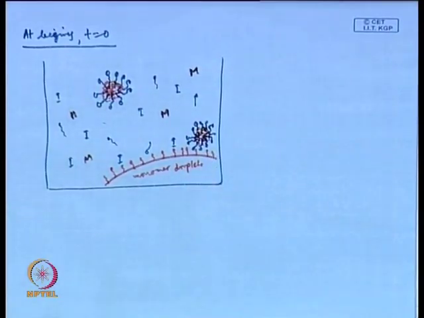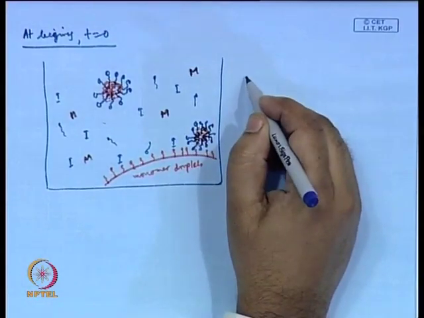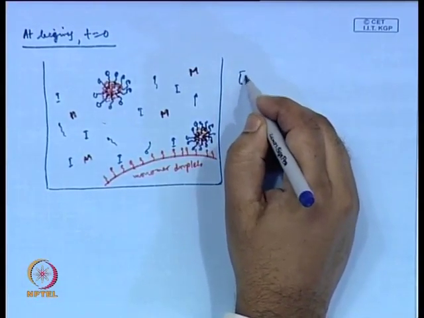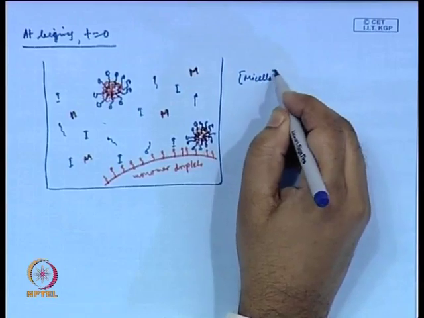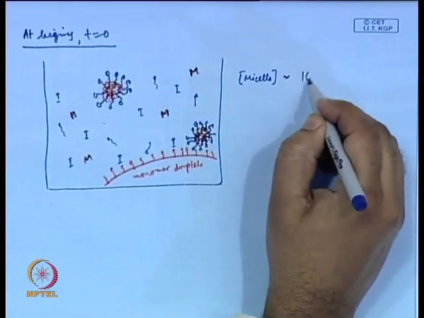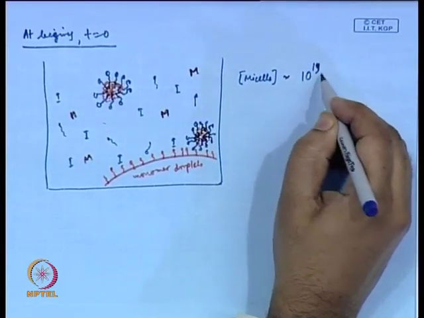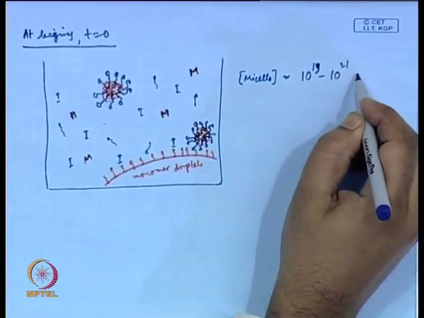Now, let me tell you a few numbers. The concentration of surfactant micelles is around 10 to the power 19 to 10 to the power 21 per liter.